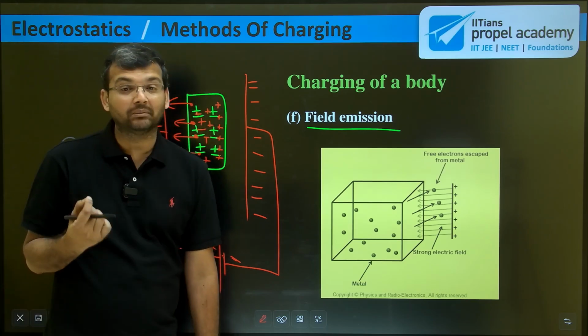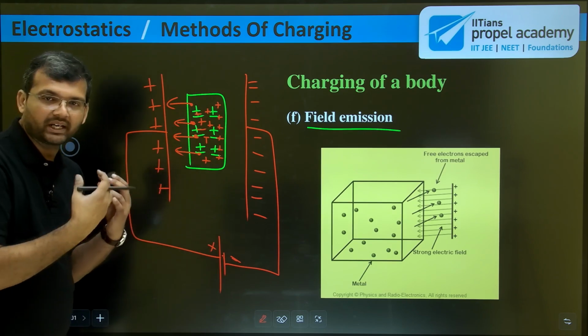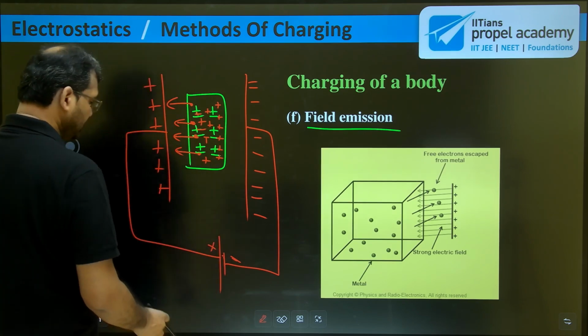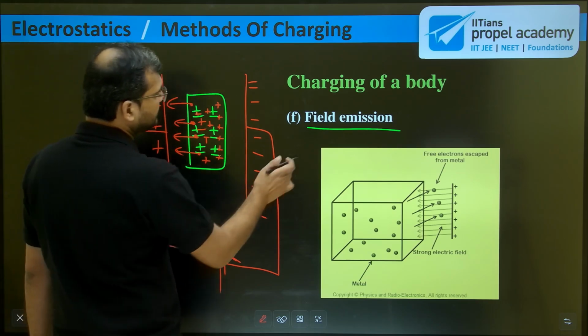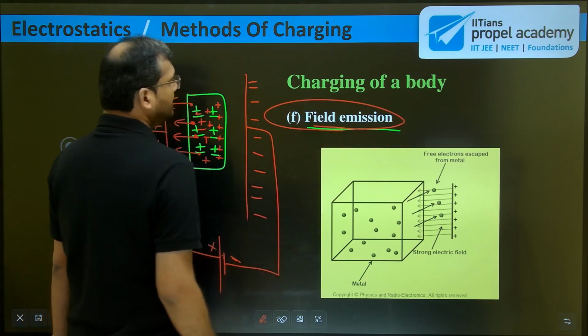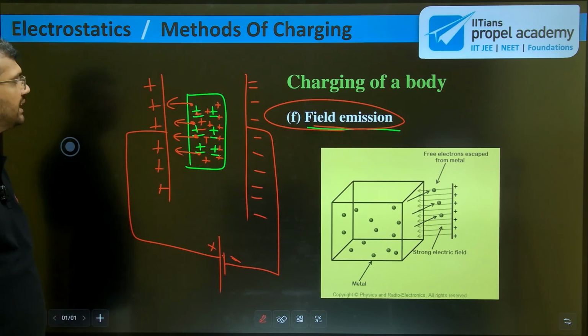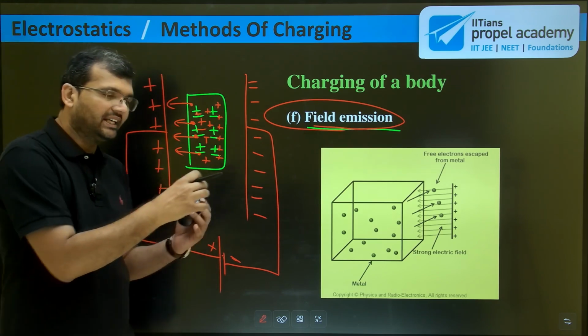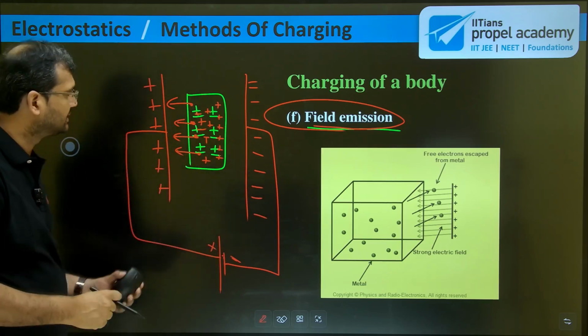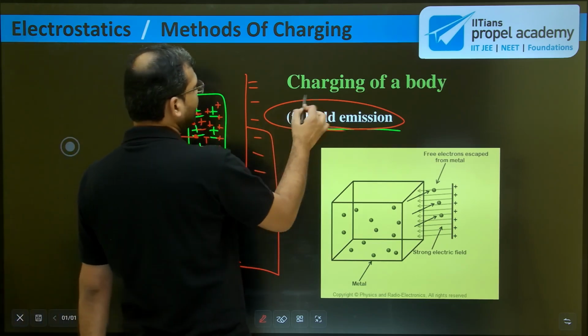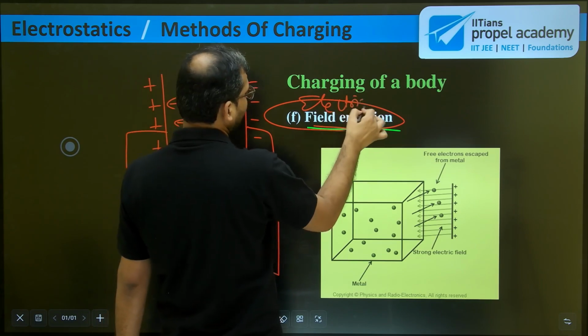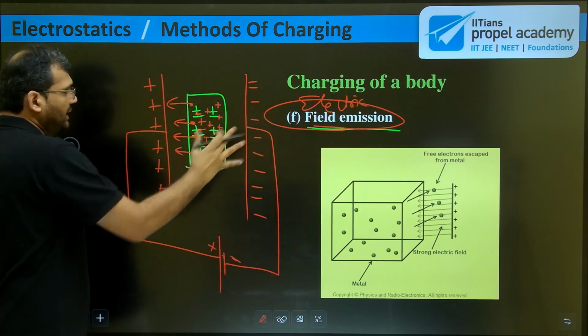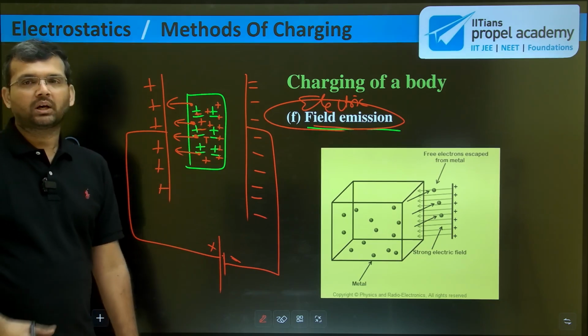As they are lighter in mass, they can easily be pulled out by applying a potential difference. This kind of taking out of electrons from a body is called field emission. What is this field? Electric field, which you will learn later. By applying plus and minus, you are pulling away electrons.